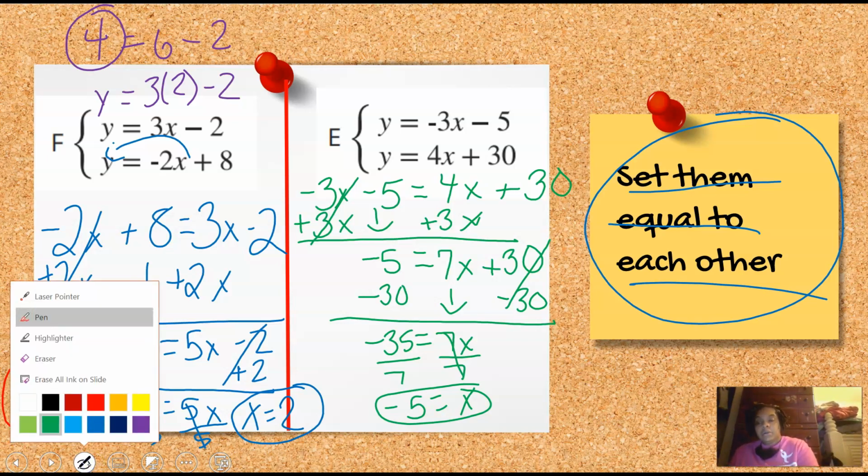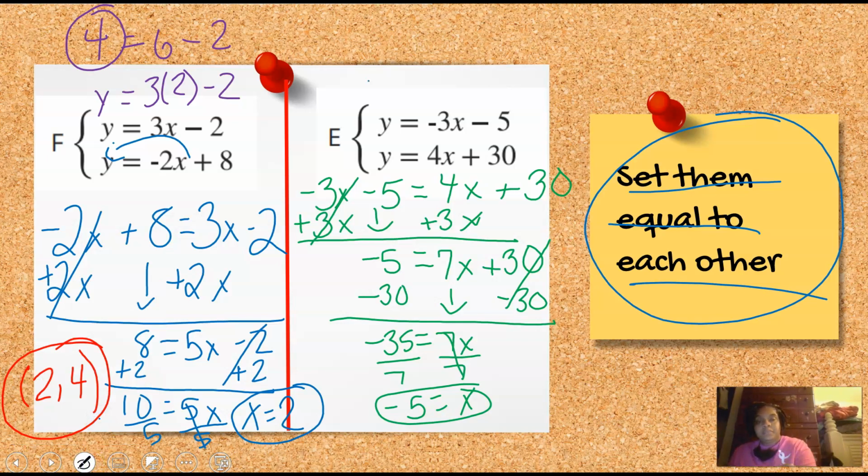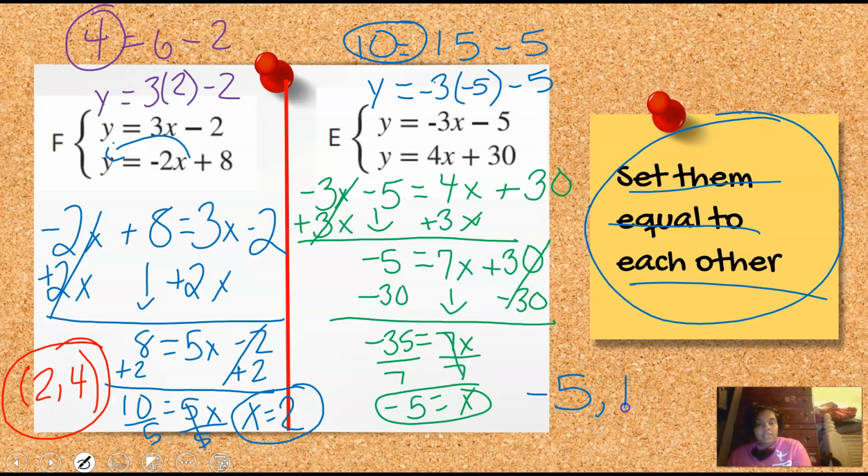So once again, you're just going to rewrite your equation. y equals negative 3 times negative 5 minus 5. So I have negative 3 times negative 5 is 15 minus 5, so y equals 10. So I have negative 5 and 10 as my solution. Okay?